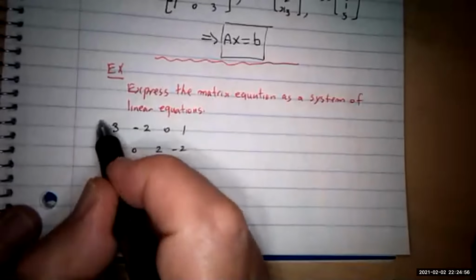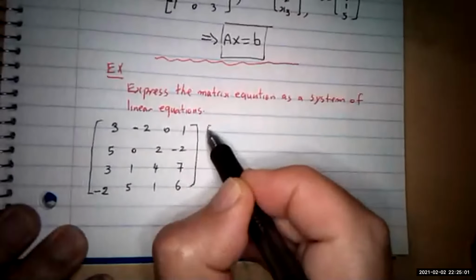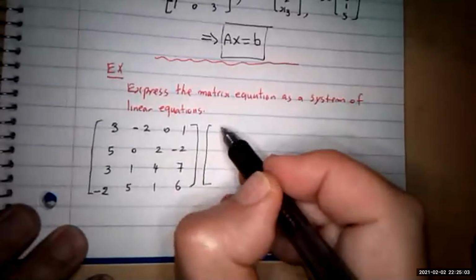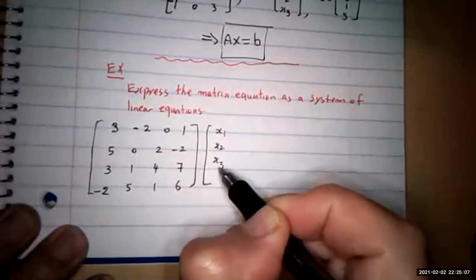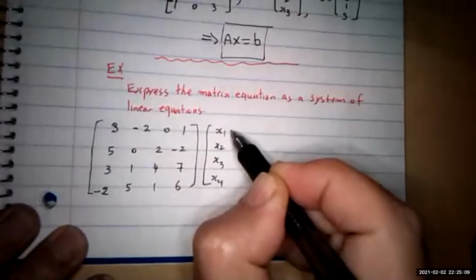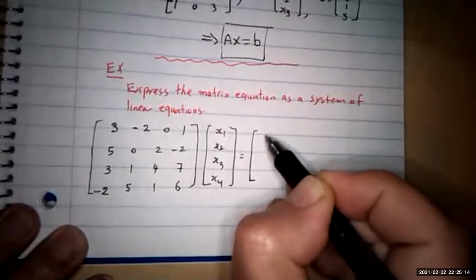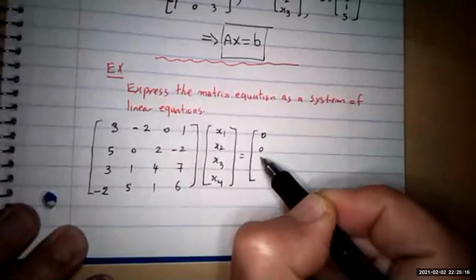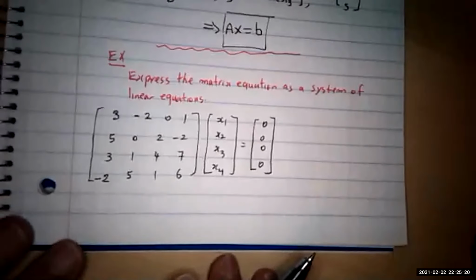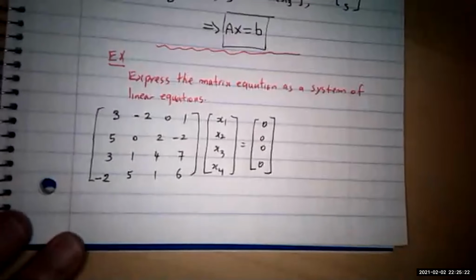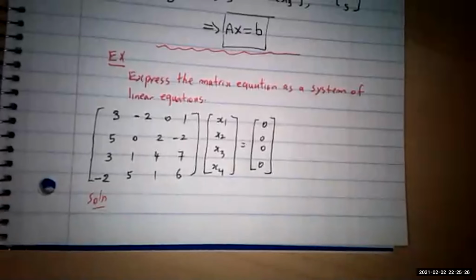This is the coefficient matrix. It's a 4 by 4. And the matrix of the unknowns is x1, x2, x3, and x4. On the other side, you have all zeros. In the future, we are going to call this a homogeneous system. We get 0, 0, 0, 0. This is given to you. It's a matrix equation.